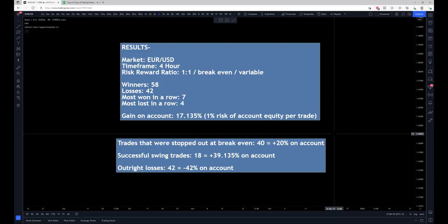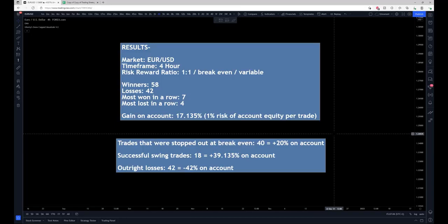The successful swing trades, there were only 18 of. But those totaled 39.135% gain on the account because a lot of those went 10 times, 7 times, or 3-4 times the risk. So some big swings in there really made up for a big portion of that gain on the account figure.